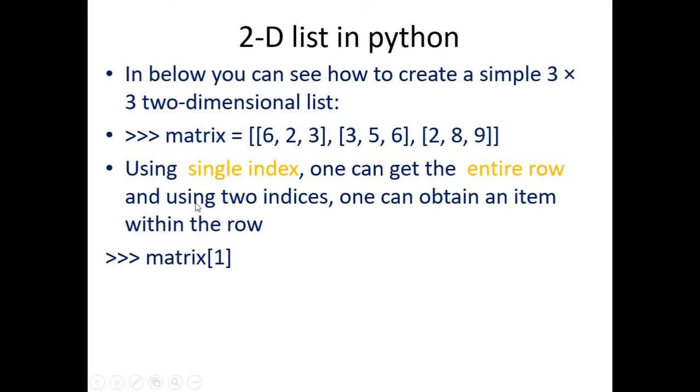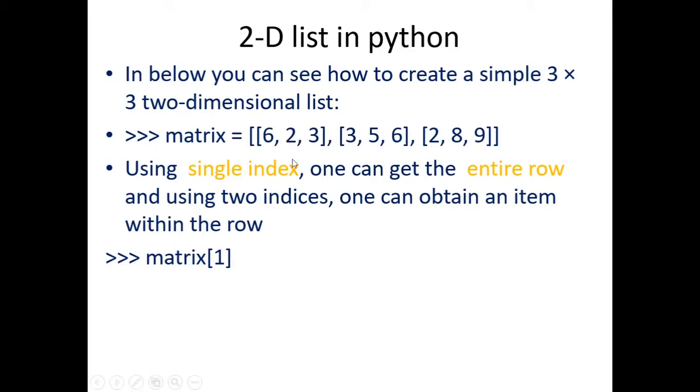And in fact, using two indices, we can obtain an item within the row. So if I want to access this row, then it will be a single index. Inside this row, if I want to access specifically this element, then we need two indices.